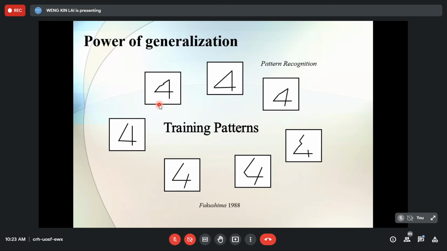It's not good enough for serious problems that we have in the world. Because of their reputation, people respect what they say. So as a result, they basically killed neural network research in 1969.